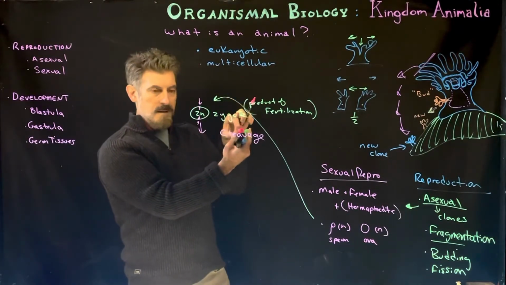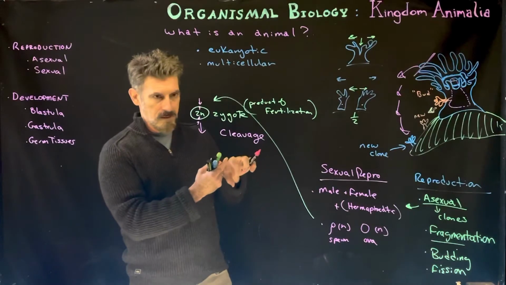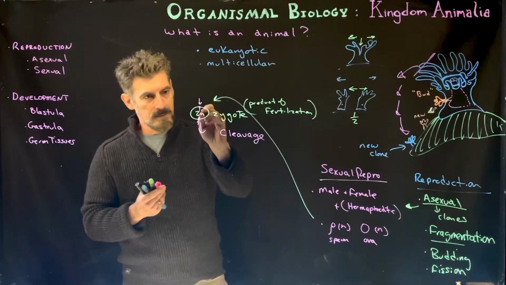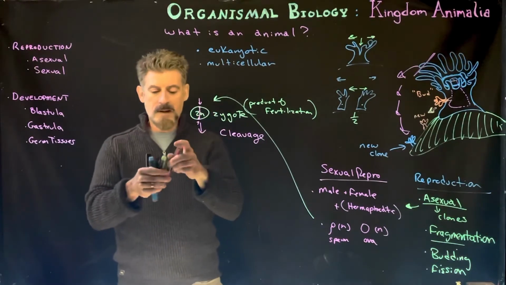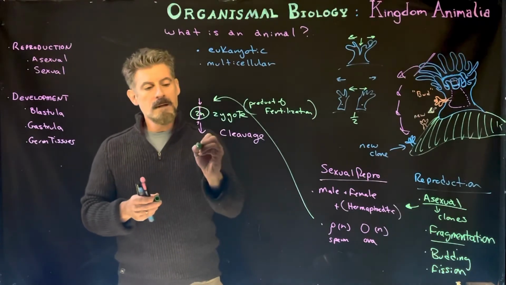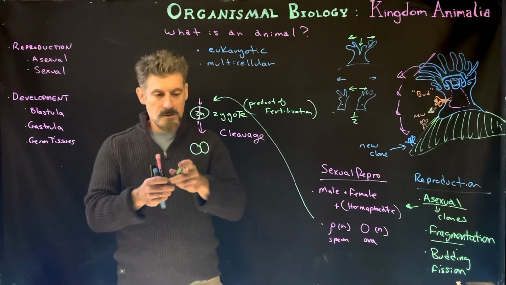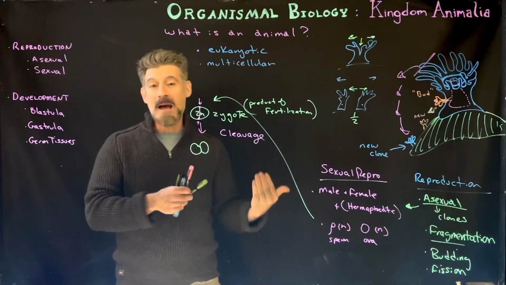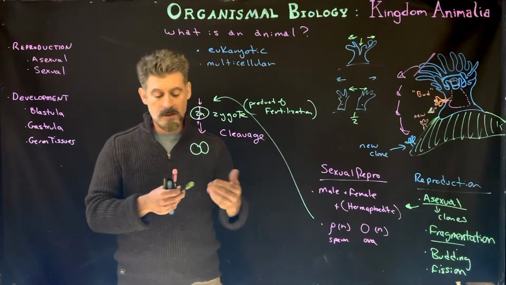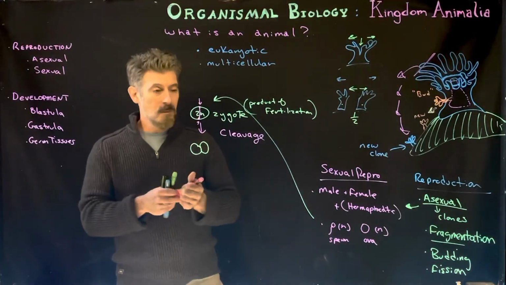It's going to squeeze the cell, and the cell is going to pull together toward the center until it divides into two cells. So it's our mitosis process, but we call this cleavage because there's going to be certain patterns to the cell division.